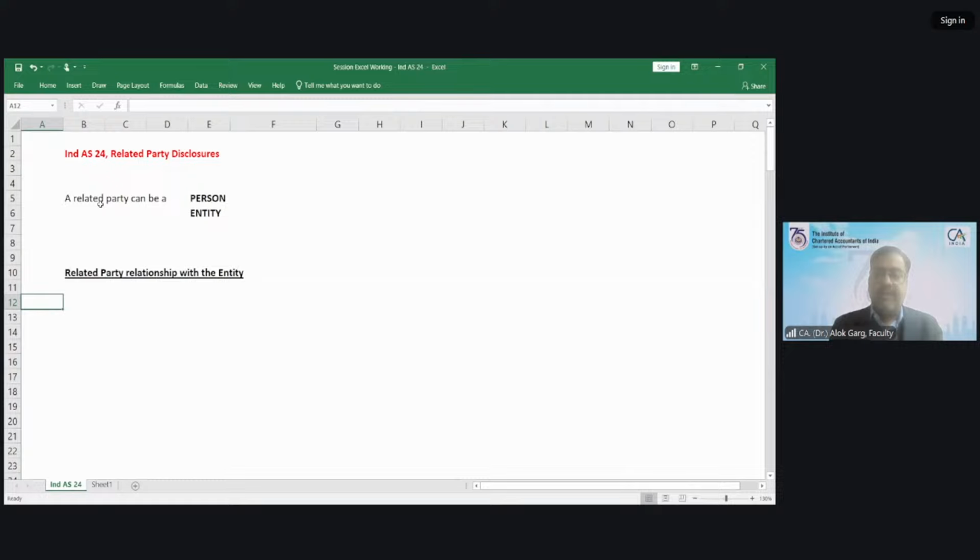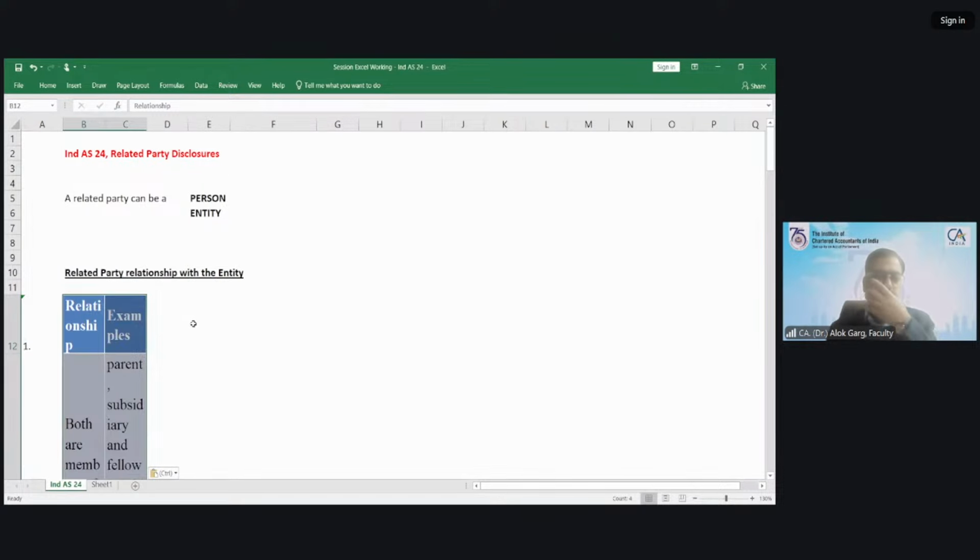So point number one. What is point number one? Both are members of the same group. What is meant by both are members of the same group? Is that parent and subsidiary, fellow subsidiary? Yes.